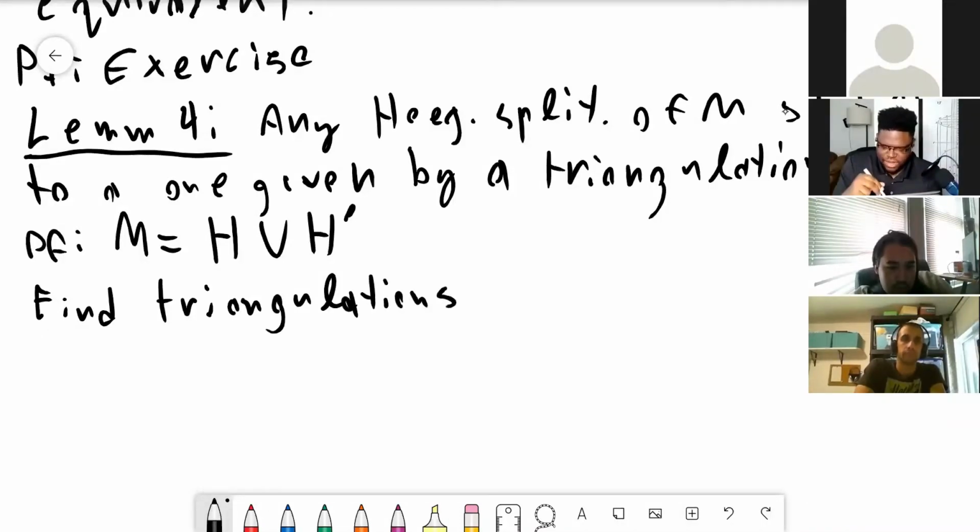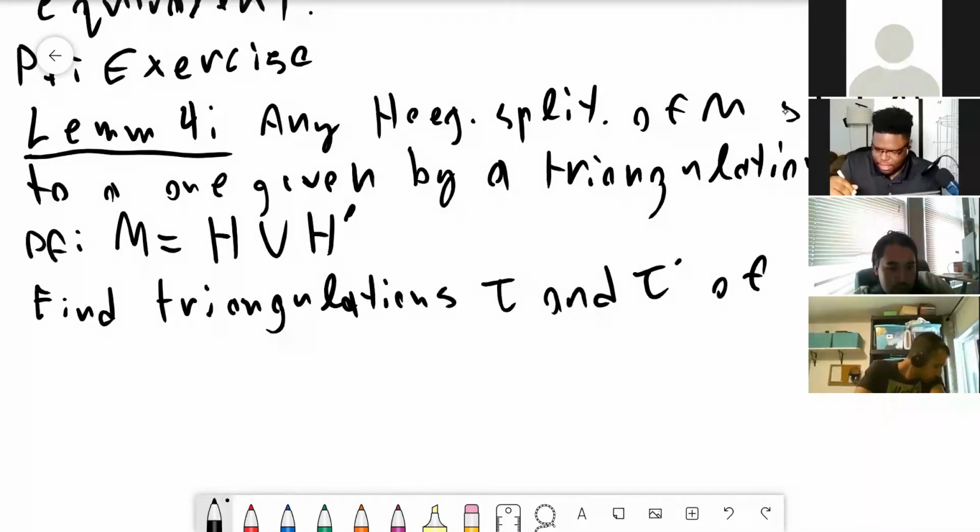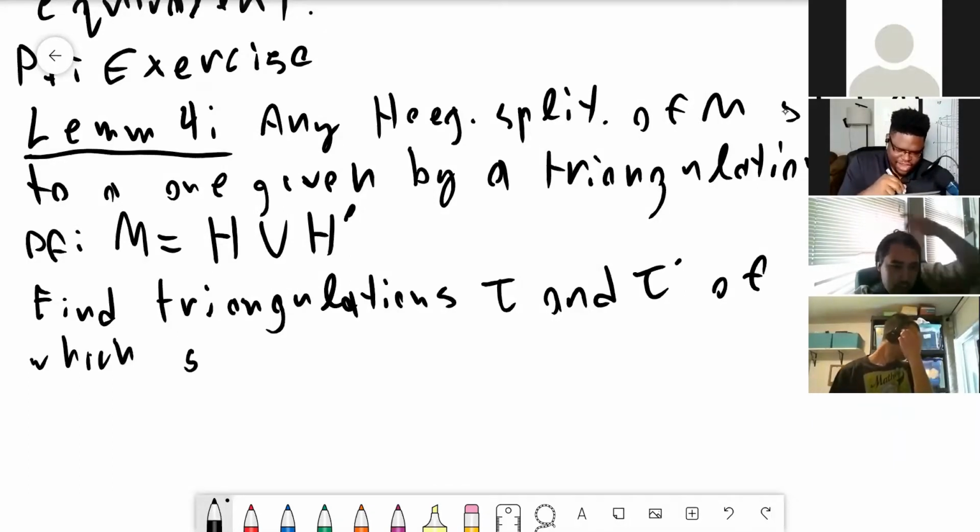We're going to find triangulations. I'm going to call this tau and tau prime of H and H prime, respectively. Which satisfy the following.